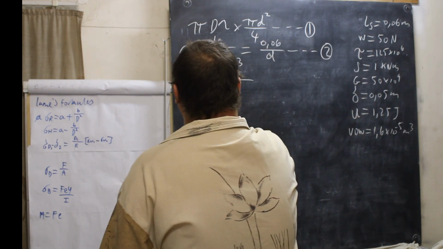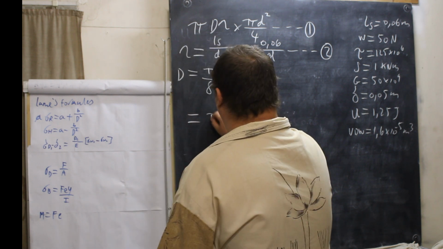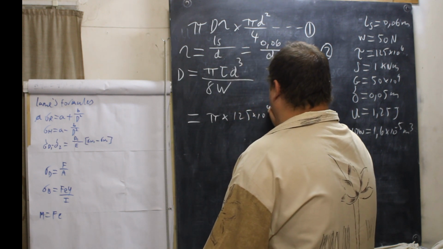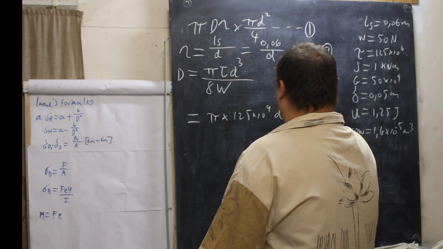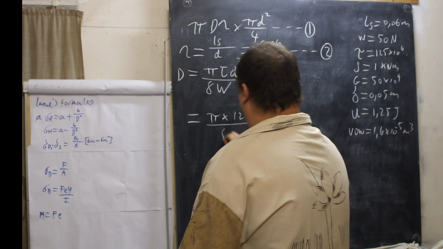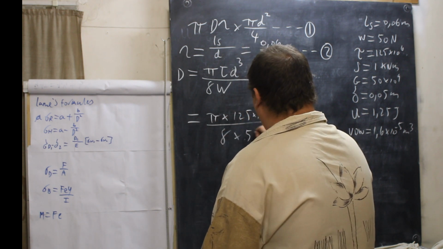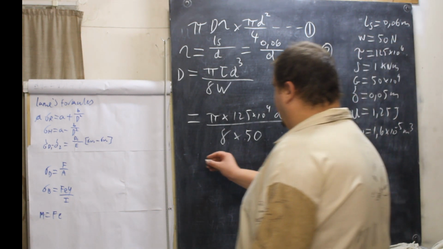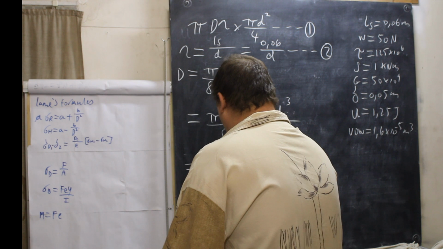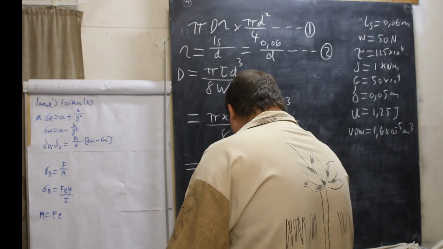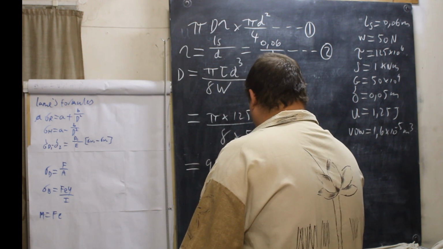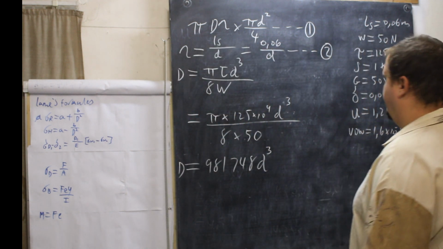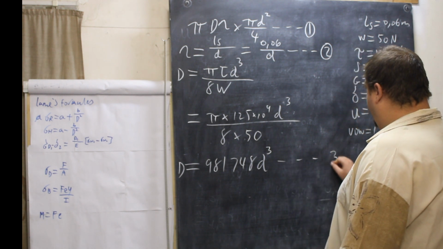Okay, so we have pi times 125 times 10 to the 9 d cubed over 8 times 50. So this will equal 981,748 d cubed, which is big D. So now that is equation 3.